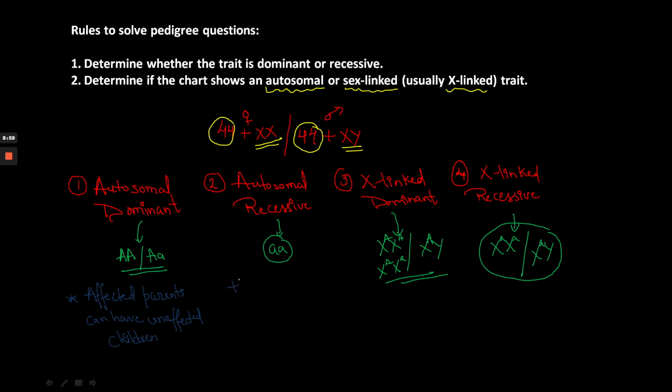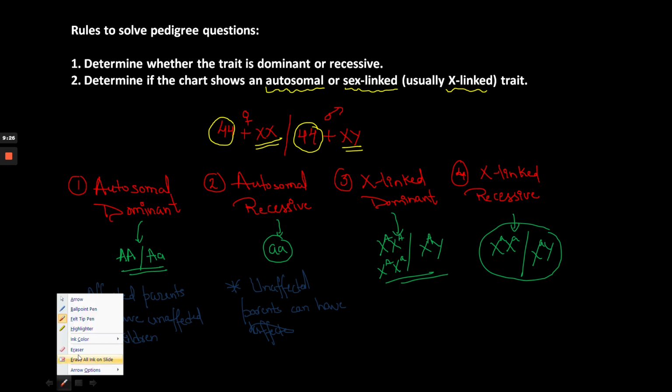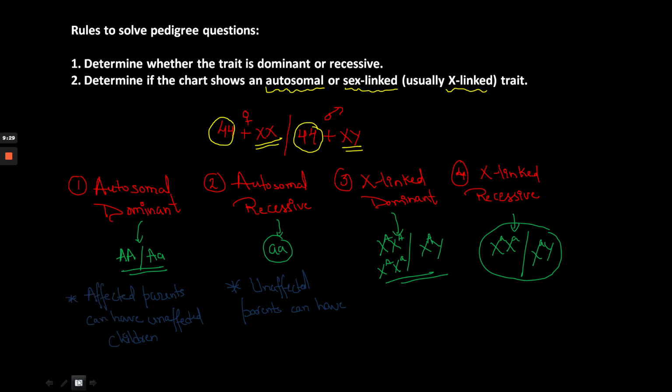Then in the case of autosomal recessive, you can notice that unaffected parents can have affected children.